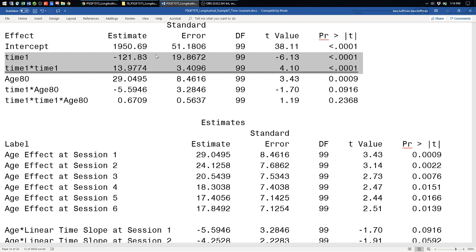Twice, yes. This is a homework question, by the way. I'm going to try and trick you. The quadratic term itself is half the rate of acceleration. So to talk about how the quadratic changes the linear slope, it's twice the quadratic to get to the full rate of acceleration. So it becomes less negative by like 27-ish per session. So that's my reference growth curve.